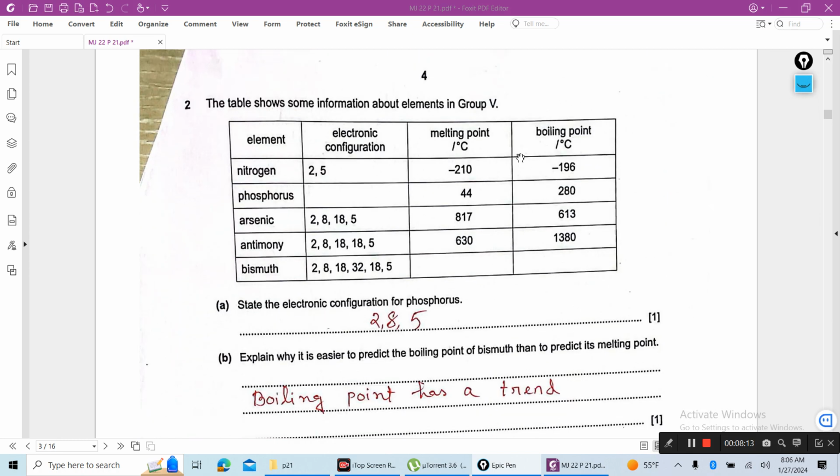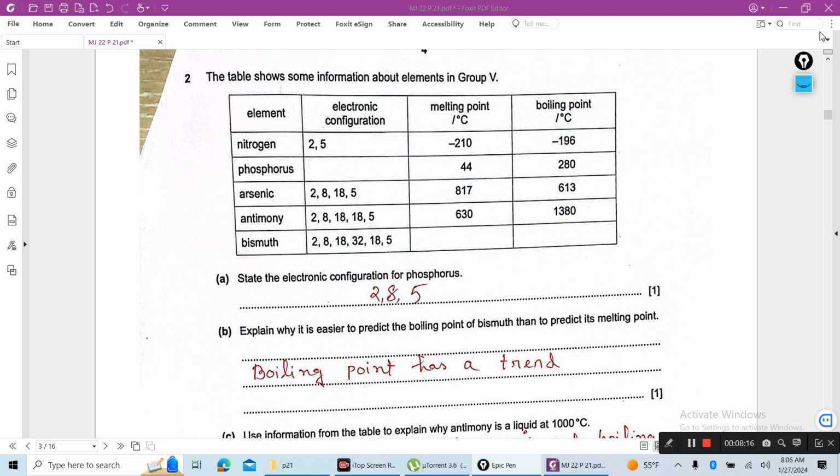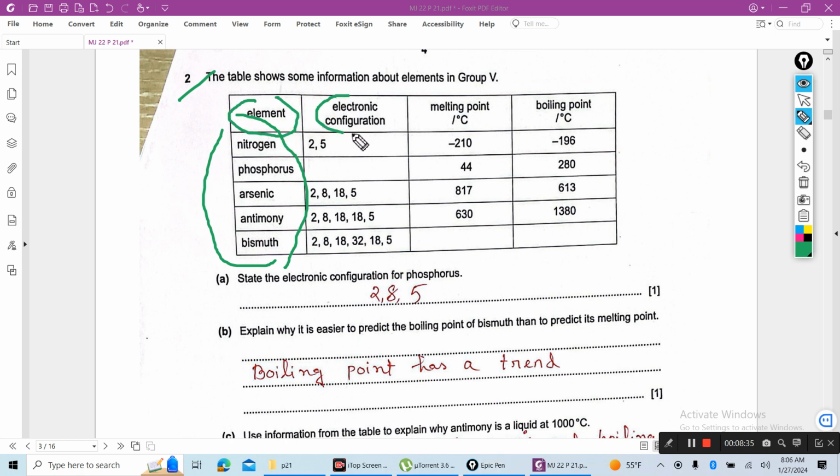Now next, number 2. Here are some elements: nitrogen, phosphorus, arsenic, antimony, bismuth. Their electronic configuration, melting point and boiling point are given. Now first state the electronic configuration for phosphorus.